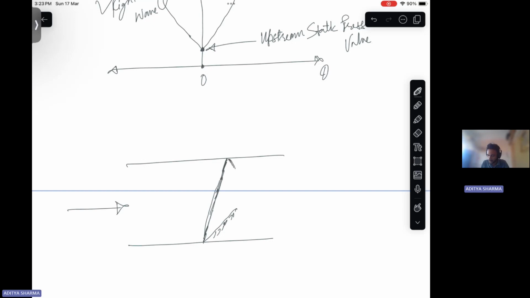This oblique shock will obviously reflect. But what will happen to this flow? It will deflect once here, and then it will again straighten, because it has this wall.